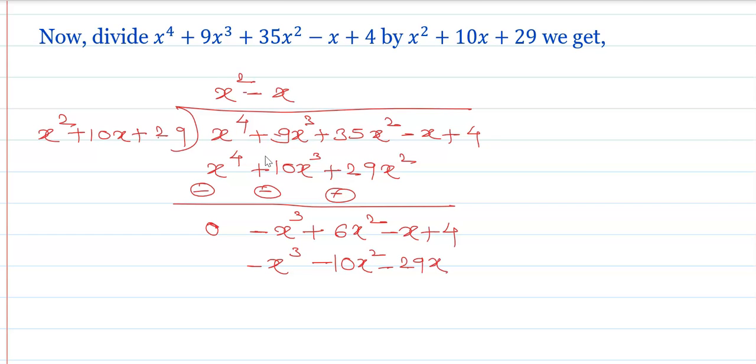Again change the sign, here plus, again plus, and here plus. x cube minus x cube get cancelled. 6x square plus 10x square, you will get 16x square. Next minus x and plus 29x, you will get 28x, and lastly plus 4.